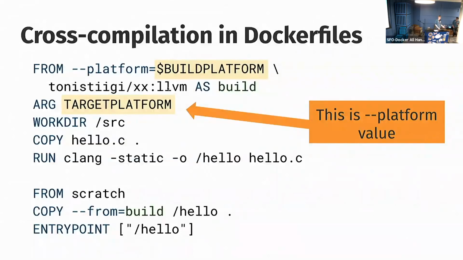I'm using this image because it already has all this cross-compilation logic in. It can already see all those environment variables, these arguments that Docker will provide, and do the right thing. So in the end, I just need to call Clang with the source file, and it will do the right thing. It will either build for my regular platform, or cross-compile to ARM, or cross-compile to Wasm.